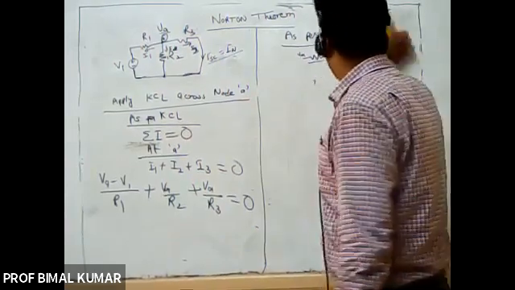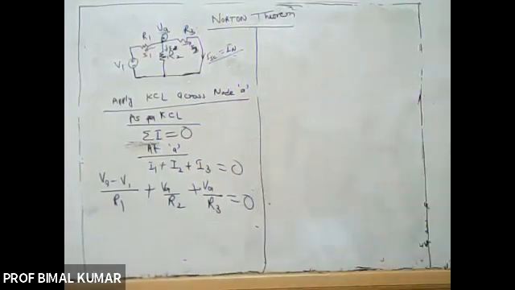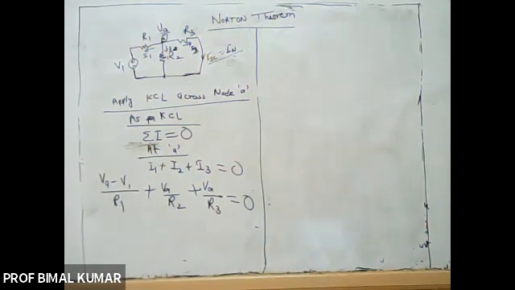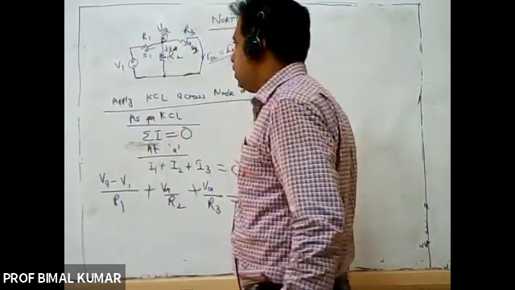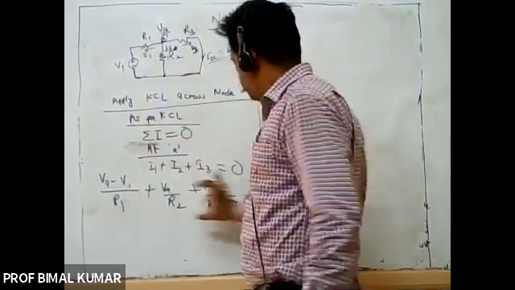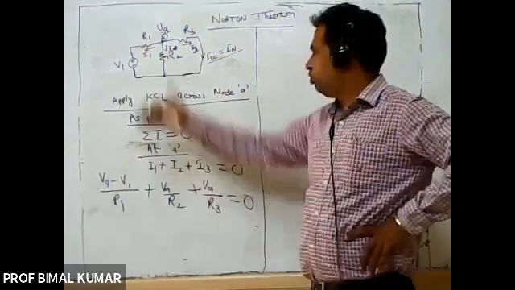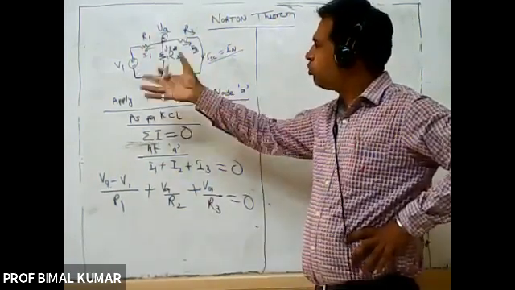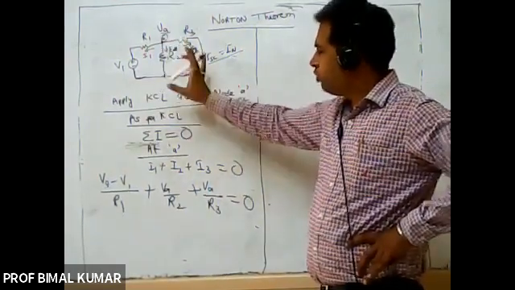KCL at node A. Now in this case, there will be only one unknown, that will be VA, the voltage across node A. V1 may be 2 volt, 3 volt, 4 volt, whatever value will be given to you, and R1, R2, R3 values will also be given to you.